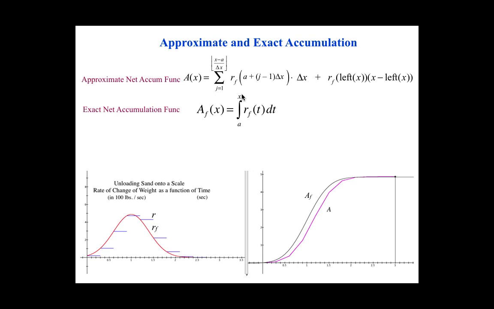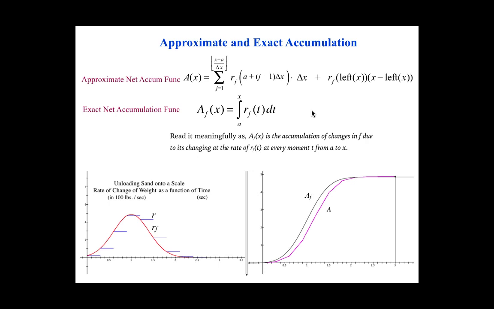As x gets larger and larger, I add up more and more pieces. This still represents a sum, but it represents a sum where there's essentially infinitely many components. So to read it out loud, if you want to read the integral symbol below, you can say it in mathematics language, which is the integral from a to x of r sub f of t times dt.